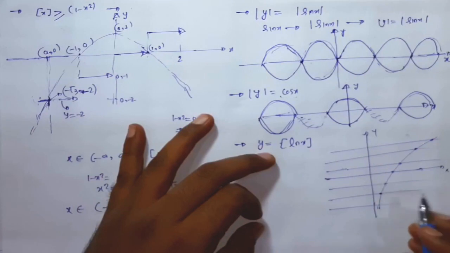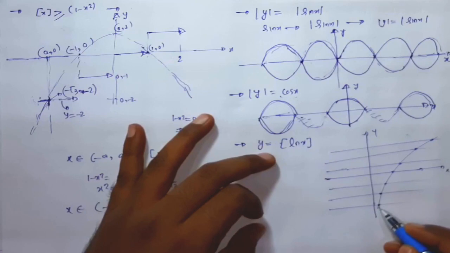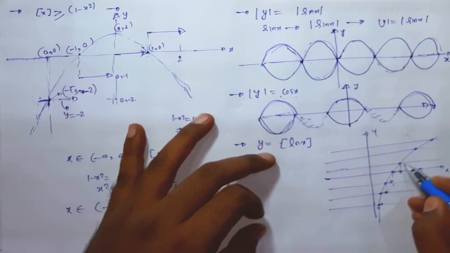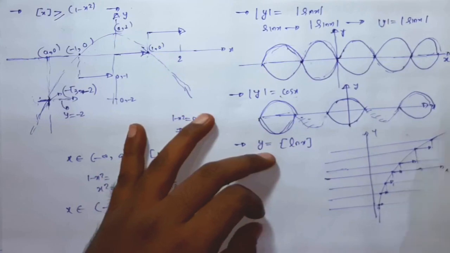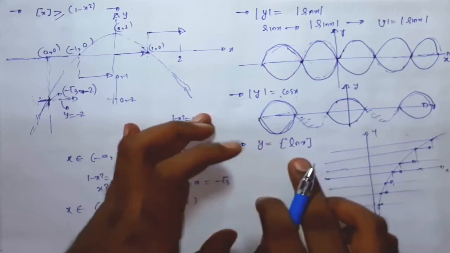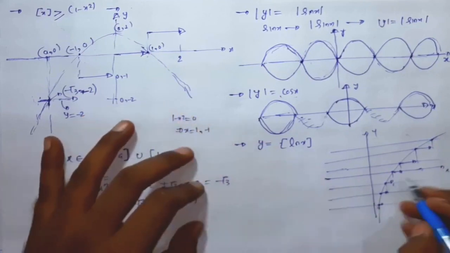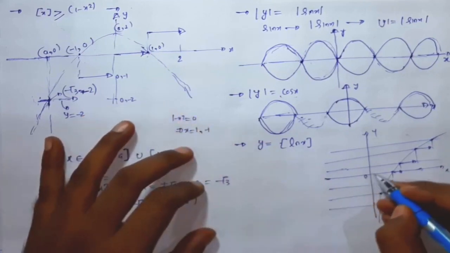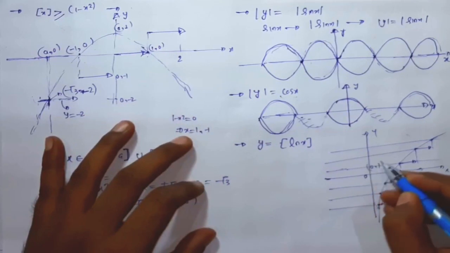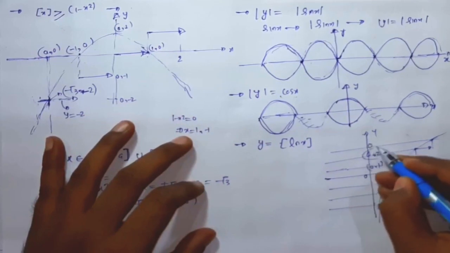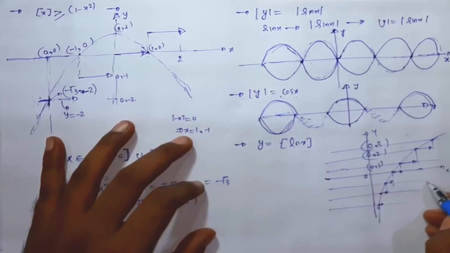Now we will see these are the intersections here like this. Similarly we can draw up to infinity. So these arrows will be the graph of y is equal to the integral part of ln of x. So here this is 0, 1, 0, 2, this is 0, 3. Similarly, this is the y is equal to -1 line, -2 line, this is the -3 line.